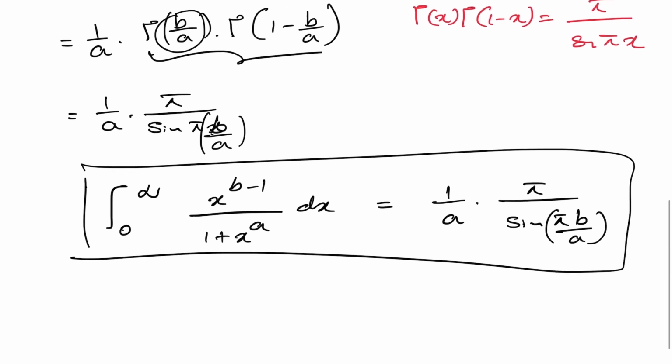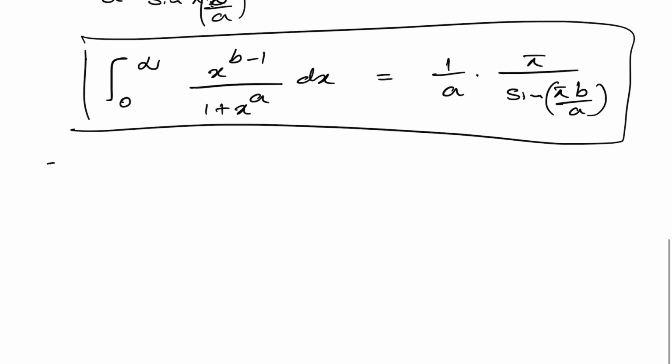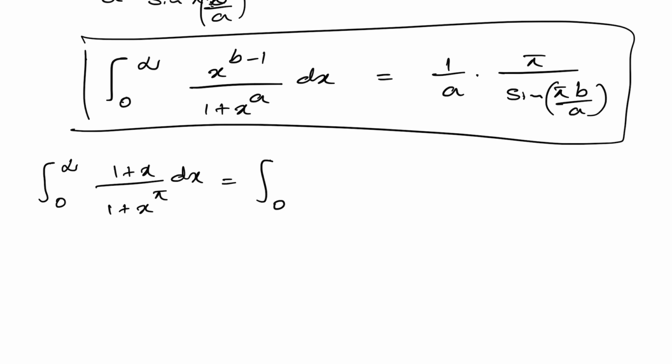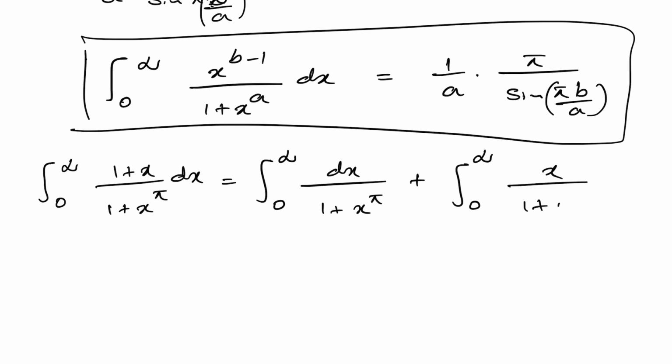So the integral from 0 to infinity of 1 plus x over 1 plus x raised to the pi dx. Now we can write this integral as the integral from 0 to infinity of 1 over 1 plus x to the pi dx, plus the integral from 0 to infinity of x over 1 plus x to the pi dx.